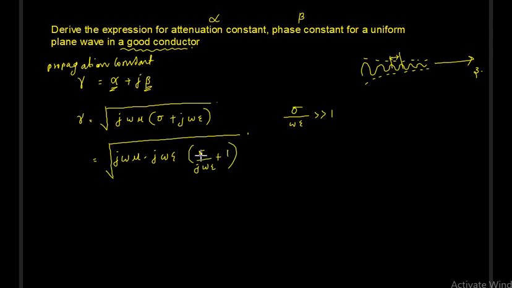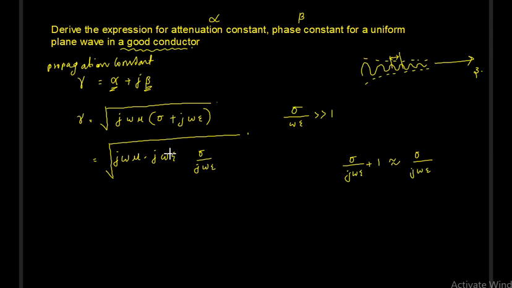So for a good conductor, sigma by omega epsilon is much greater than 1, so we can remove this term, this 1, because that term is much greater than 1. So sigma by j omega epsilon plus 1 is approximately equal to sigma by j omega epsilon.